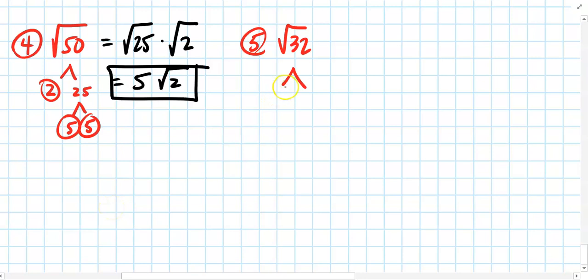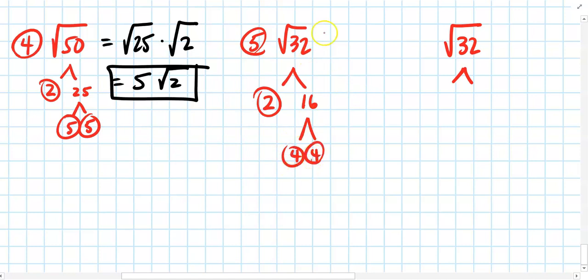Let me just reiterate that it doesn't matter which factor method you end up using. As long as you fully factor and create a complete factor tree, you will obtain the same answers when we're all done. Let's go with this thought, 2 and 16. Now 2 is a prime number and 16 can be divided into 4 and 4.